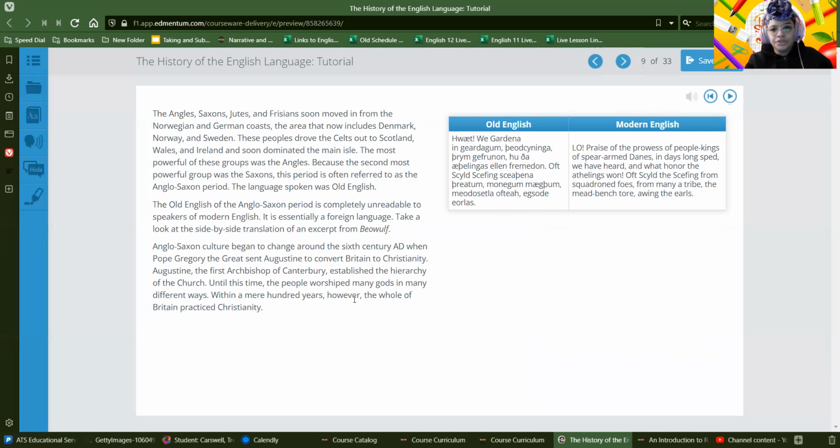So then they give you more history. The Anglo-Saxon culture began to change when Christians came in from Central Europe and tried to and successfully converted Britain to Christianity. But the reason why this is important is because it's another interaction that Britain is having with other groups.